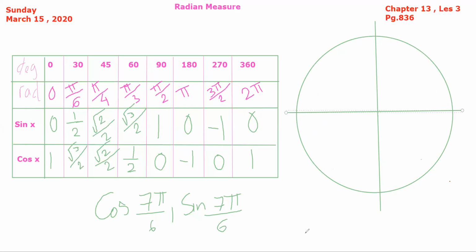Now, 7 pi over 6. Where is it? In which quadrant?